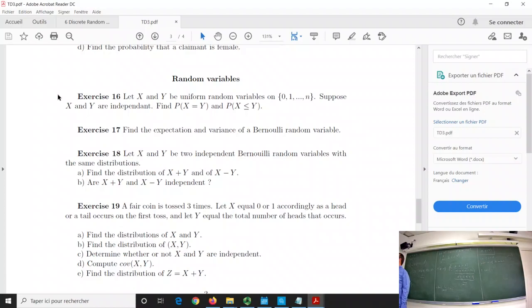This is the sum of the probability that X is less than Y, given that Y is equal to k, multiplied by the probability that Y is equal to k.